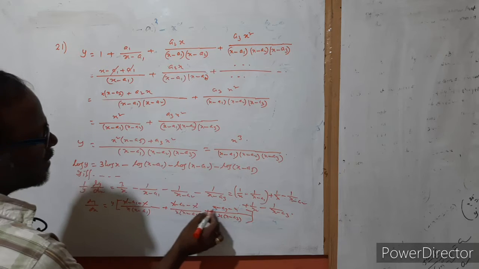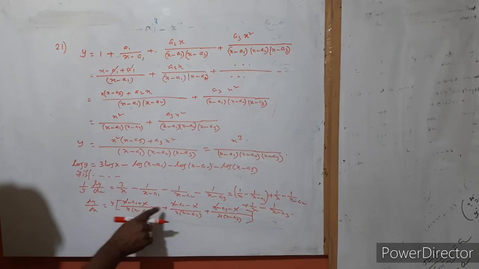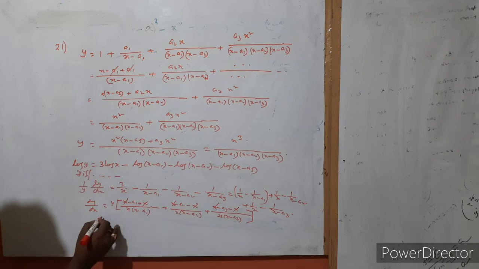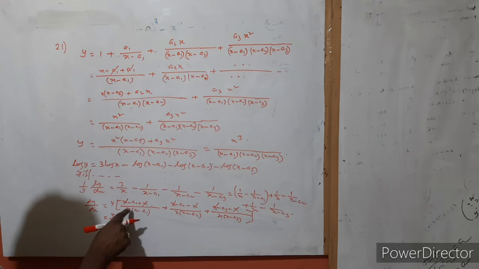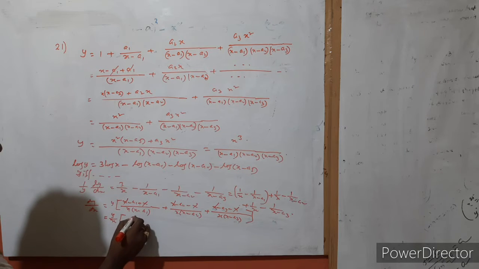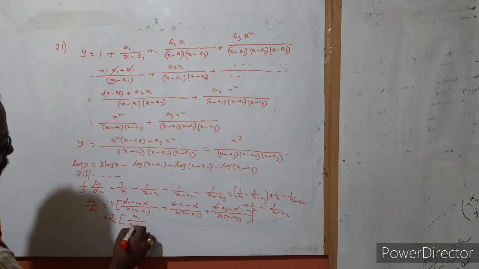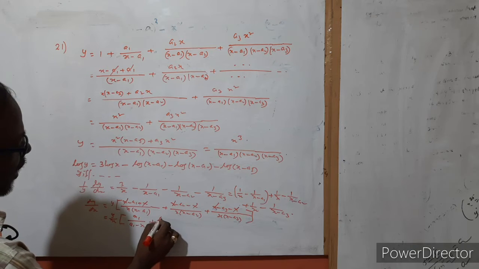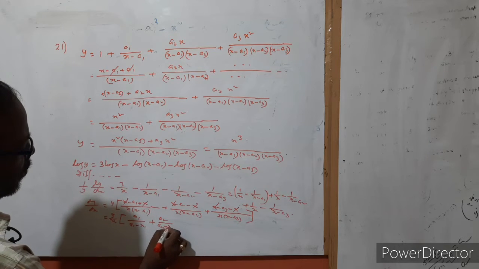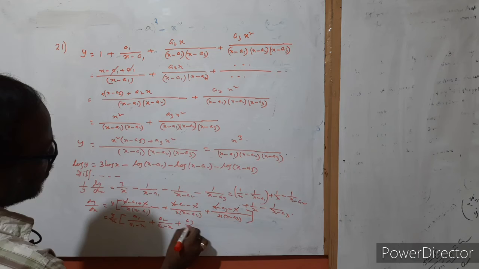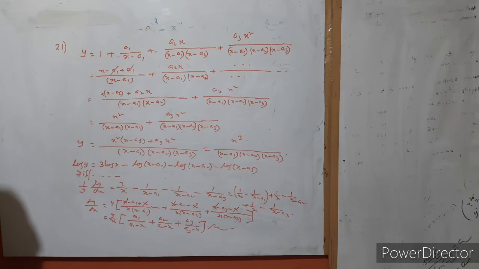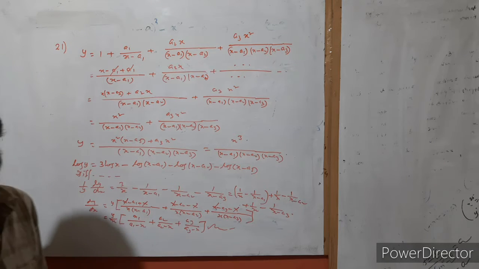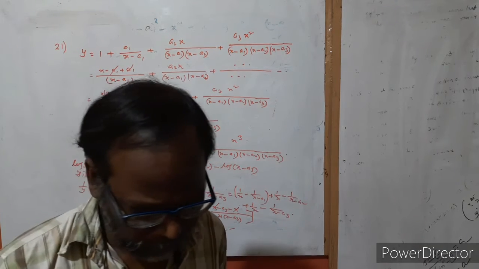See, these x's are cancelled. So minus a1, minus a2, minus a3, and that is equal to y by x. Okay, and the minus signs change in between, then a1 by a1 minus x, a2 by a2 minus x, a3 by a3 minus x, and this is your solution. Okay, for 21st. Now we have to show the next problem.